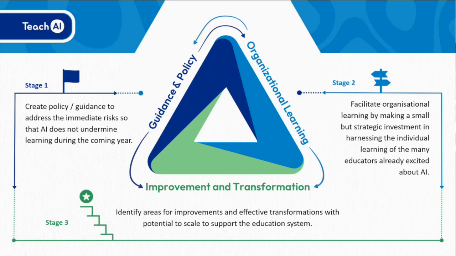We should understand the immediate risks associated with AI and be committed to ensuring that it does not undermine the quality of learning in the upcoming year. The policies should serve as a solid foundation addressing potential challenges and setting clear boundaries for AI utilization. So making sure that staff don't just go and use personal information, they have clear boundaries on what they can do and what they can't do throughout their use.